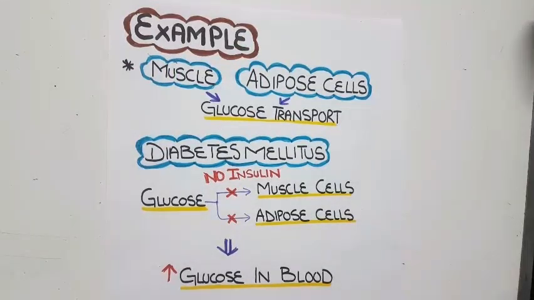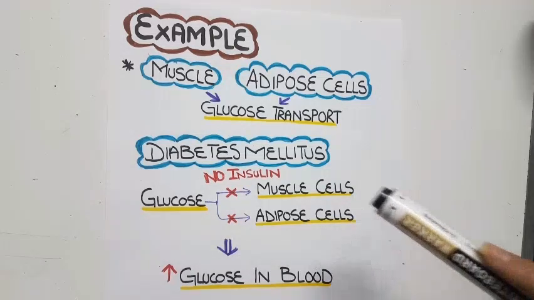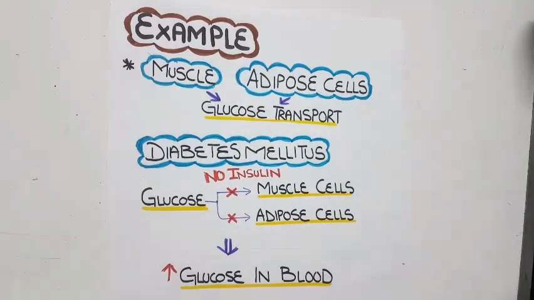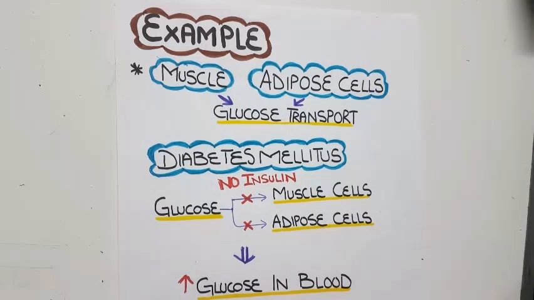An example of facilitated diffusion is that the transport of glucose into muscle and adipose cells occurs through this facilitated diffusion. In diabetes mellitus, there is no transport of glucose into adipose and muscle cells because there is no insulin.